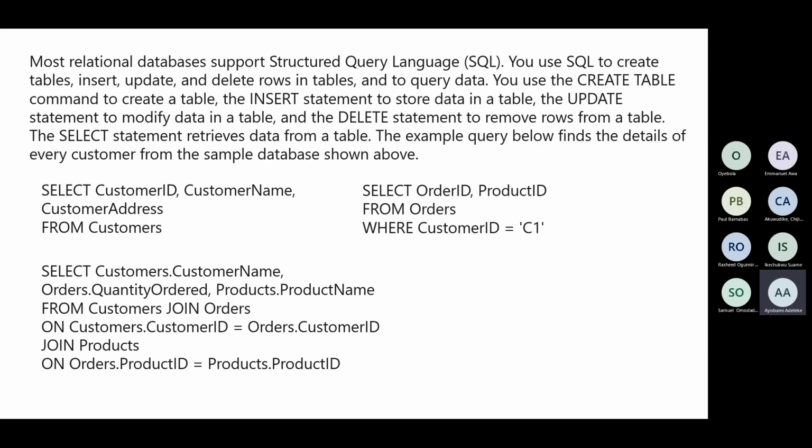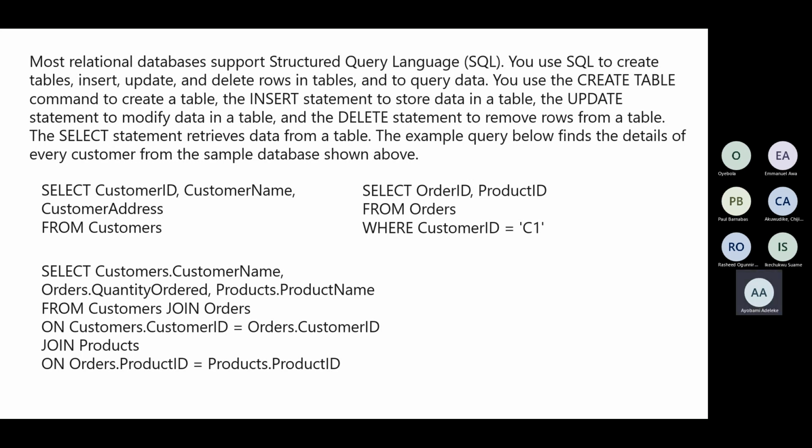We want to see the order ID and the product ID where the customer ID is C1. So we want to narrow down on the orders table. We want to see all the order numbers and the product IDs that customer ID C1 had raised on the system. So we are now introducing the where condition, which is just to help us filter the records and reduce the volume of data we are getting.